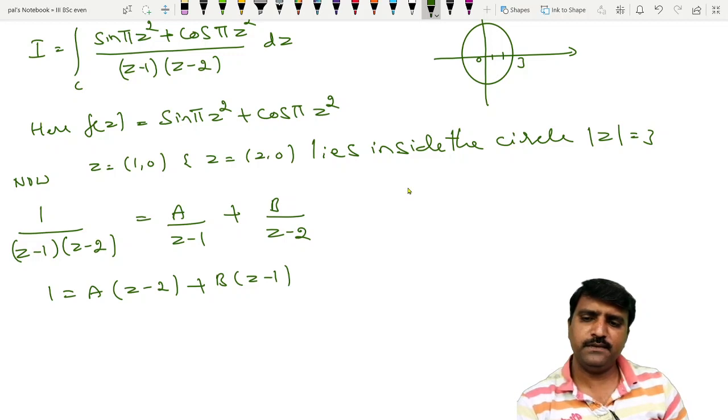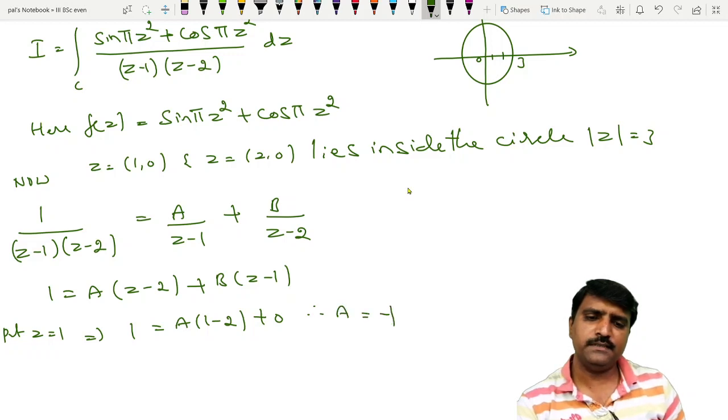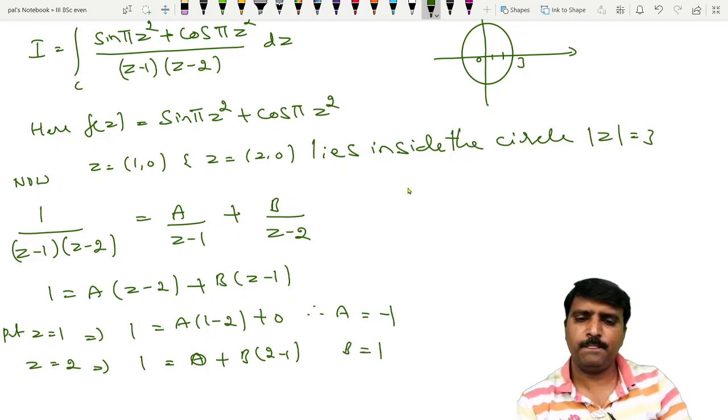Put z is 1 here first. Then 1 is equal to A into 1 minus 2 plus 0, so therefore the value of A is minus 1. And again put z is equal to 2, which implies 1 is equal to 0 plus B into 2 minus 1, so B value is 1.